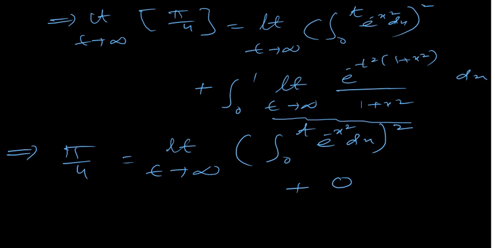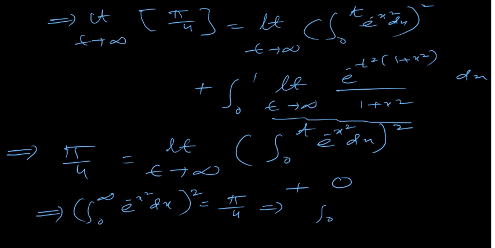So that means this limit is equal to pi by 4, which implies that integral 0 to infinity e power minus x square dx whole square is equal to pi by 4, which implies the integral 0 to infinity e power minus x square dx is equal to root of pi divided by 2.